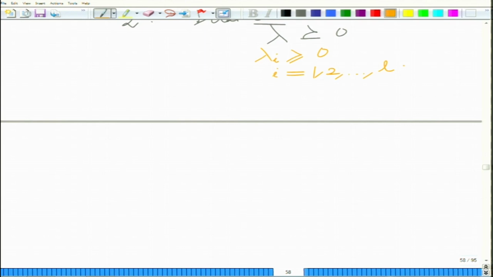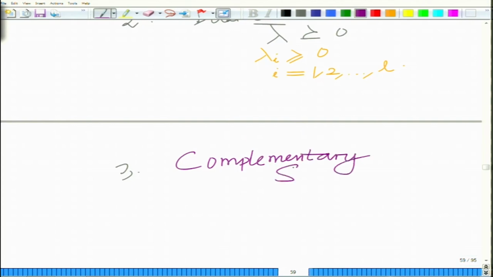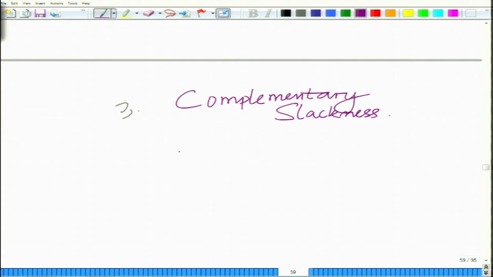All right. Complementary slackness, this is the third condition. What happens with respect to the gradient of the Lagrangian? It equals 0.